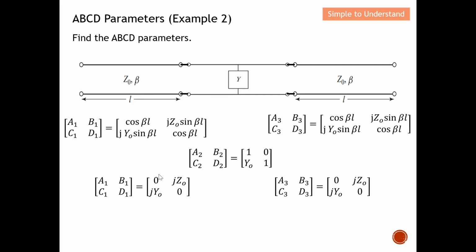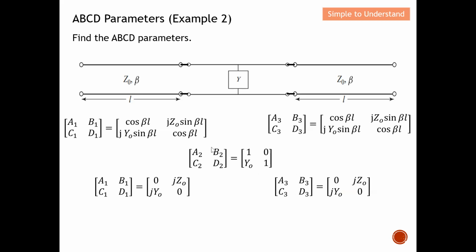So basically, I just make use of this ABCD to reduce the complexity of this 2 by 2 matrix here. It will be the same for the third set of ABCD. So you can see that these two sets are exactly the same. So now, in order to find my final ABCD, I will use this first set of ABCD, multiply by the second set of ABCD, and then finally multiply by the third set of ABCD.